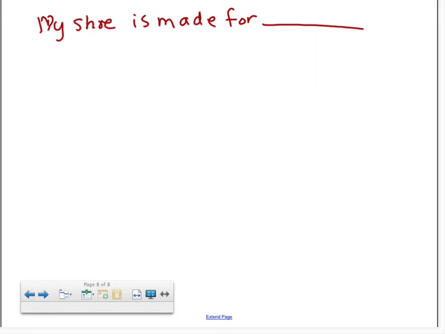Wait, so I can't put the spikes on my shoes? You're going to fill it in with your activity. And then it says, with blank friction. Because remember, we're talking about friction. That's one of the major things we're talking about. This area right here is going to either have high or low friction, depending on which sport or activity you chose.